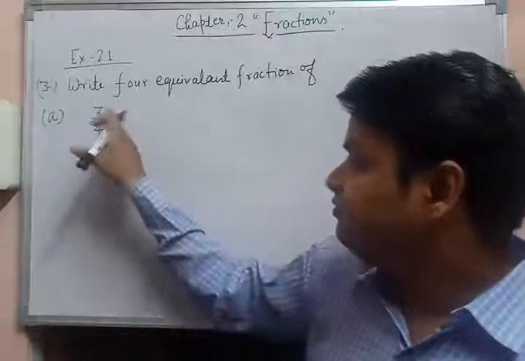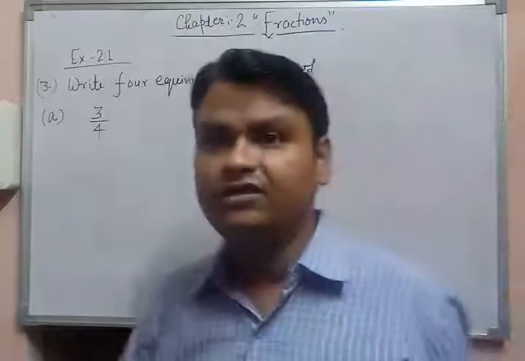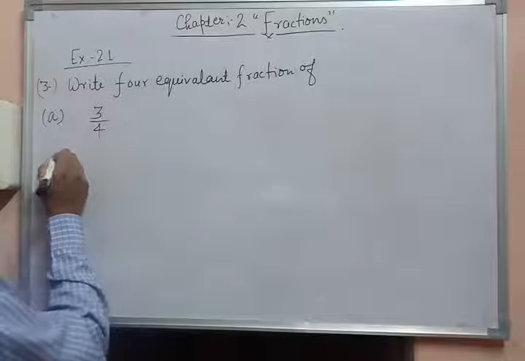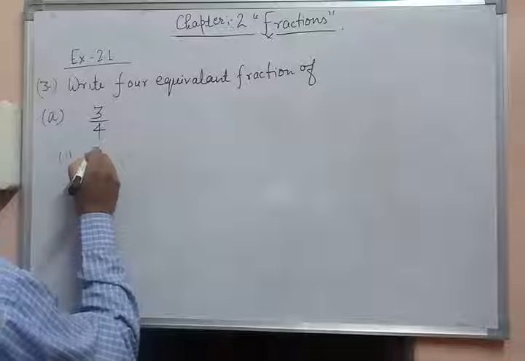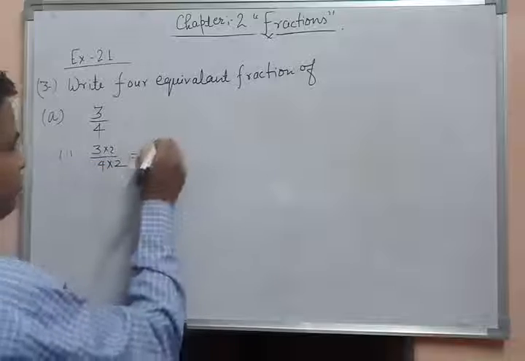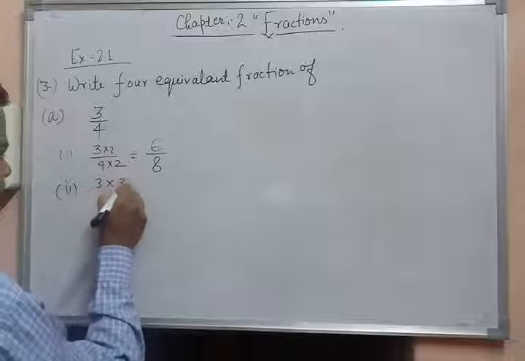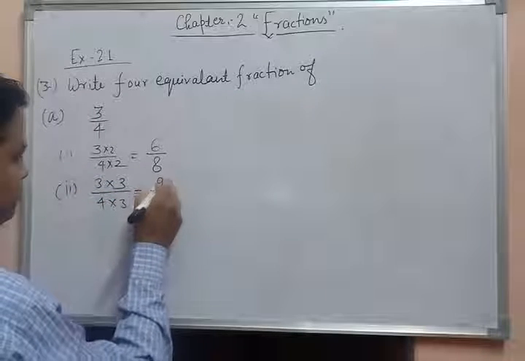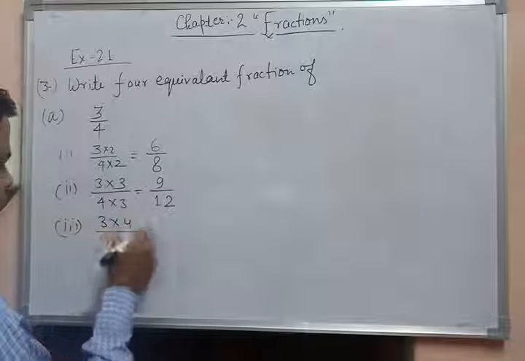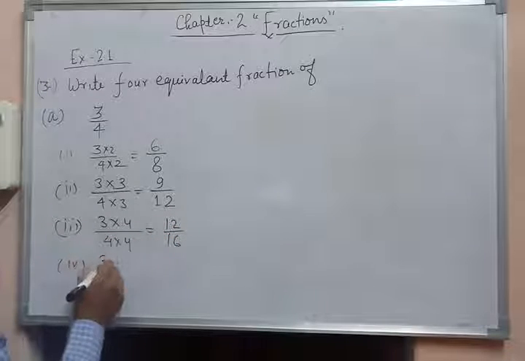For example, if you multiply both numerator and denominator by 2, then we will get the first equivalent fraction of 3 upon 4, which is 6 upon 8. The second equivalent fraction of 3 upon 4 is 9 upon 12. The third equivalent fraction of 3/4 is 12/16, and the fourth equivalent fraction follows in the same way.